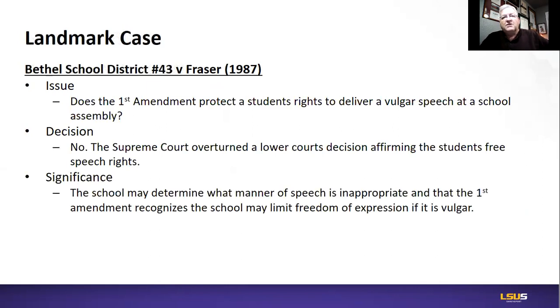So the significance of this is that schools do have limits. There are places where you, as a school administrator, can regulate the speech of your students, and there is a limitation. There is a place to go.